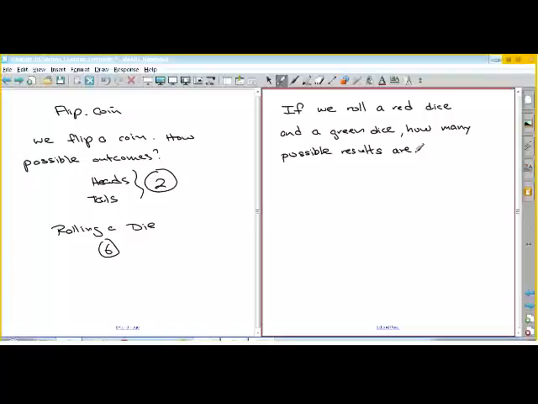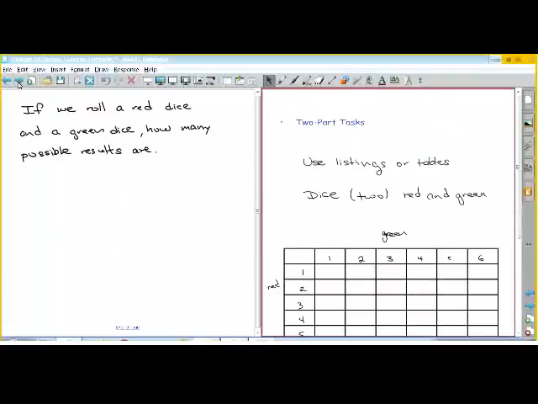So the question is, how do you figure out the answer? When you're rolling dice and it's 2 parts, the easiest way to figure out how many possibilities there are is just to list them, and a table is the best way to list the results from a dice kind of question. So we're going to create a table.